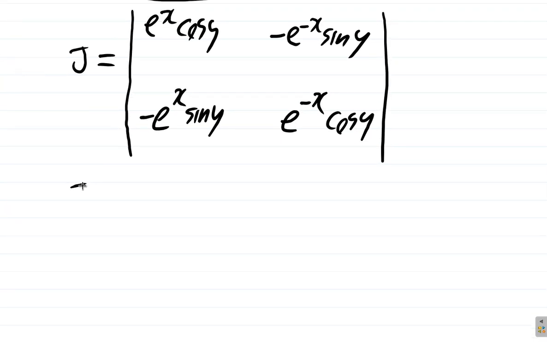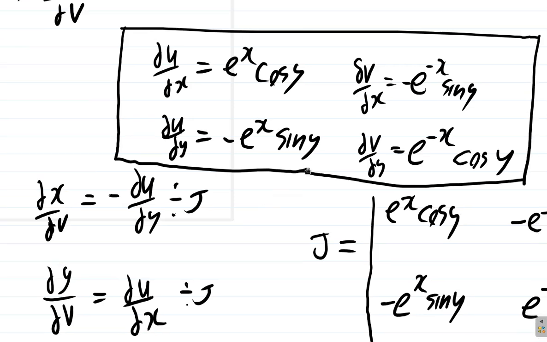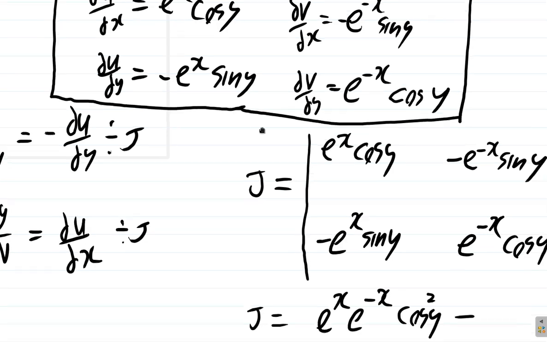So, the value of it then, remember your AD minus BC procedure: e to the x, e to the negative x cos y, which is cos squared y, minus, now here, what we have here are two negatives.